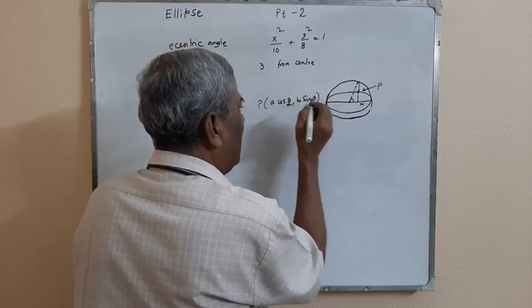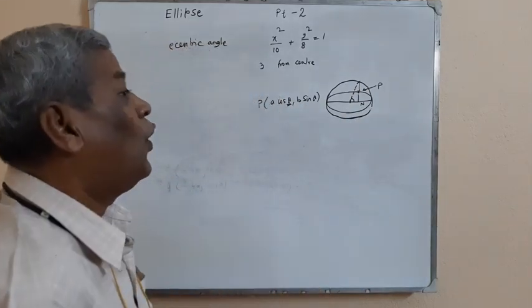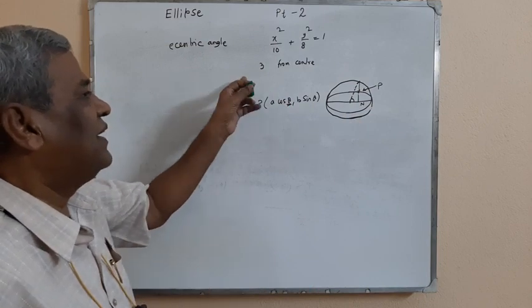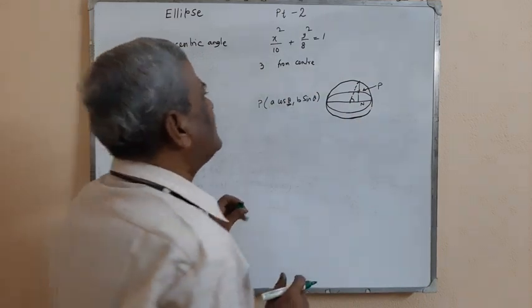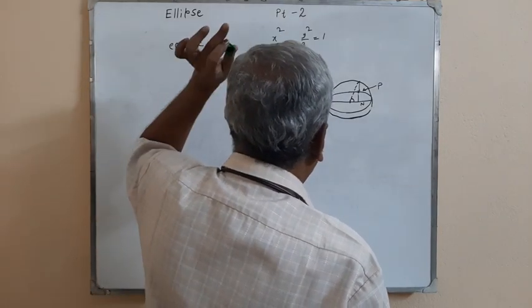Then that theta can be treated as the eccentric angle of the point P, which satisfies the given condition. In this case, a square is equal to 10 and b square is equal to 8.